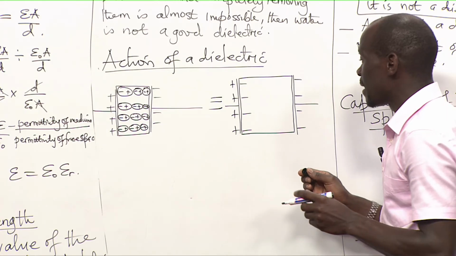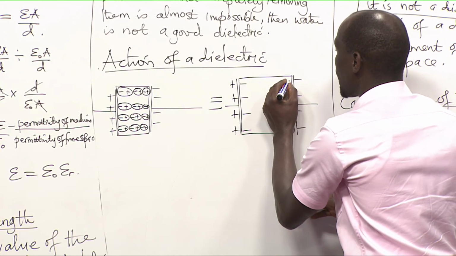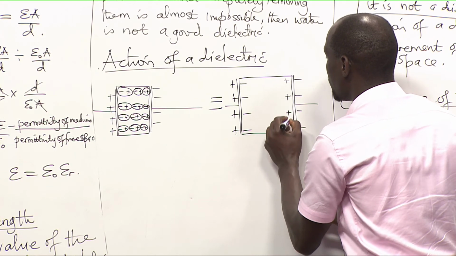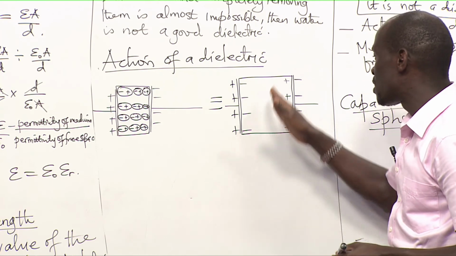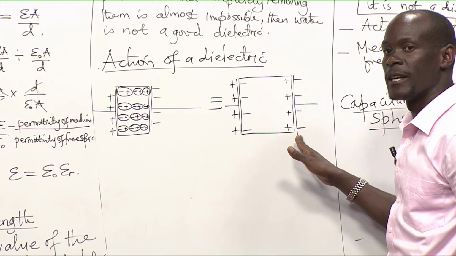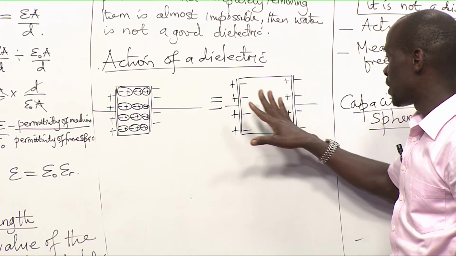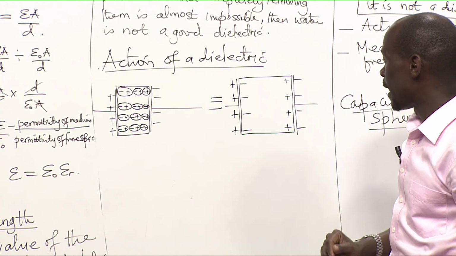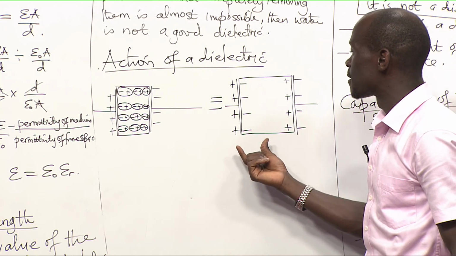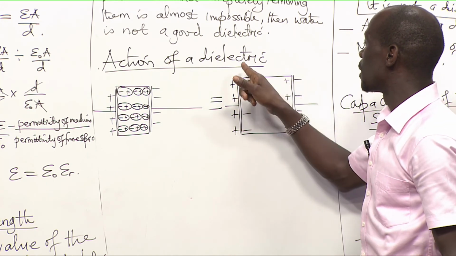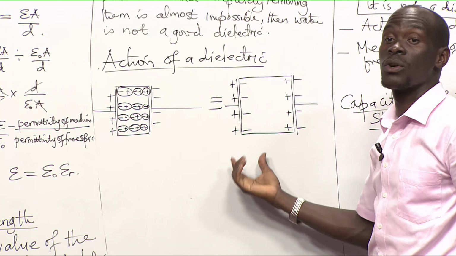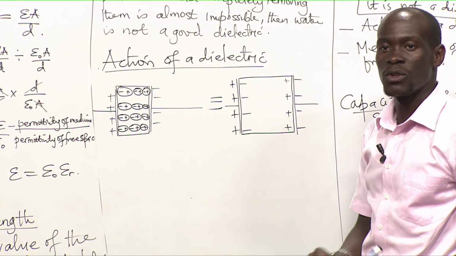And then on the other side, we shall have positive charges induced on the side of the negative plate. We shall have something like this. Now, when this happens, you can see that there is a boundary. So that means they cannot neutralize since the charges are bound charges.